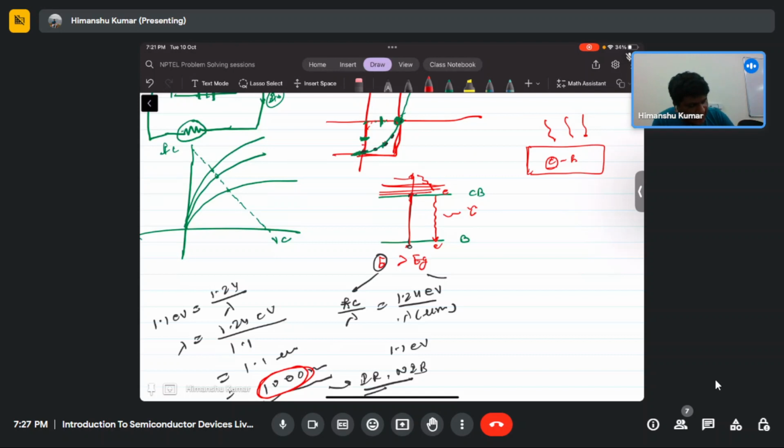In equilibrium, generation and recombination happen continuously.